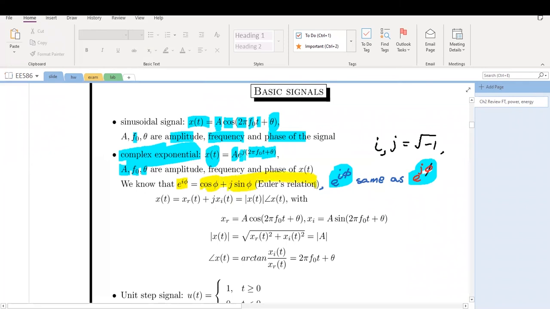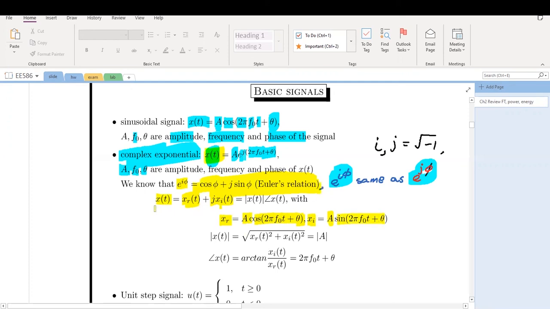Euler's formula we use a lot in this course, so we want to memorize that. Therefore, this complex exponential as a function of time can be written as a real part waveform and an imaginary part waveform: x_r equals A cosine, and x_i, the imaginary part, is A sine, according to Euler's formula.